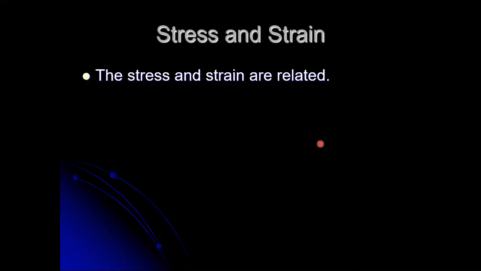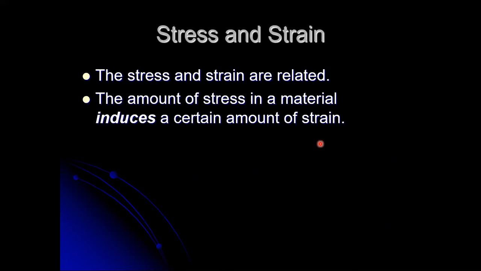Now, stress and strain do not happen independently of each other. Stress causes strain, or stress induces strain. Just like in the external picture, force caused elongation. Force caused a material to stretch. Stress and strain are related to each other, and there's a Hooke's law, essentially, for stress and strain, a way to tie together stress and strain.